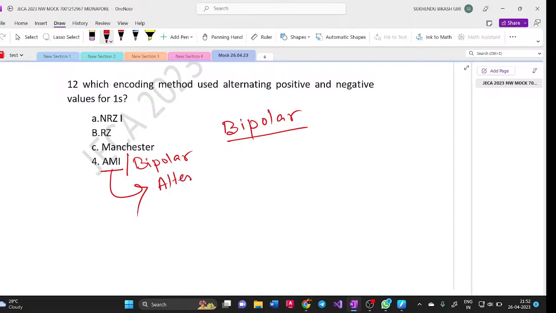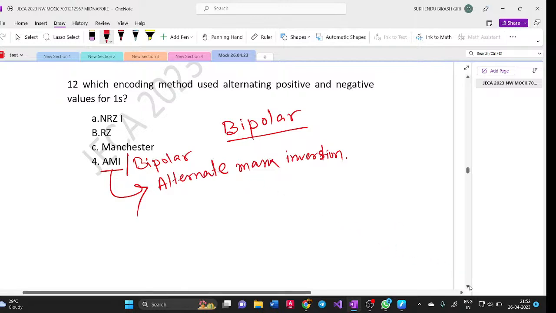Alternate mark inversion, which is another name for bipolar. Clear to all?